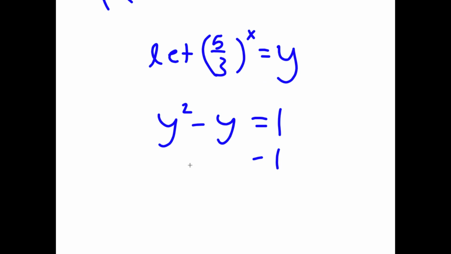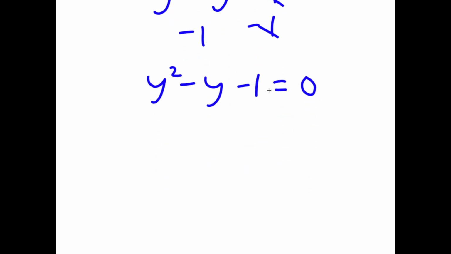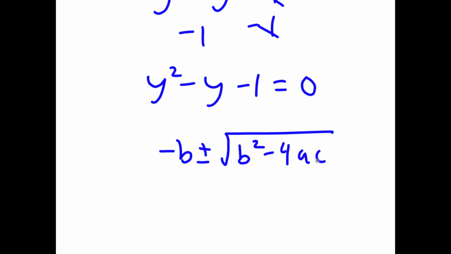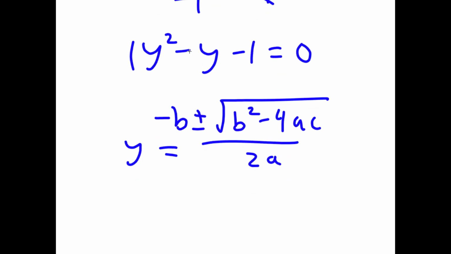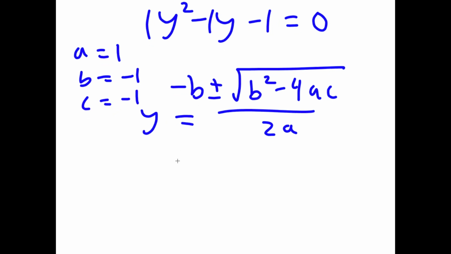And if I subtract 1 on both sides, these two cancel out, and I get y squared minus y minus 1 is equal to 0. So now to solve this, I can use the quadratic formula, which is negative b plus or minus the square root of b squared minus 4ac all over 2a. So in this case, a is 1, b is negative 1, and c is negative 1.